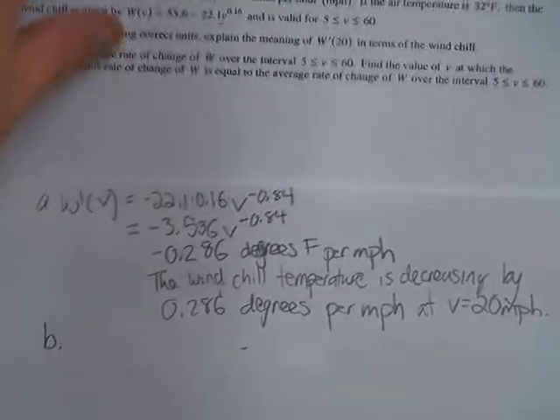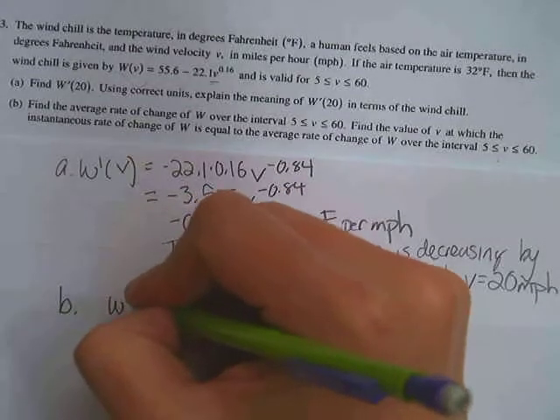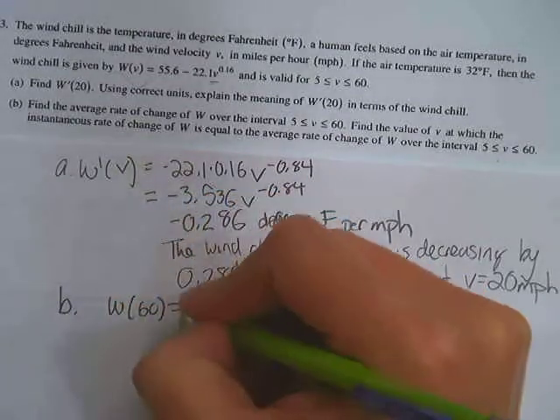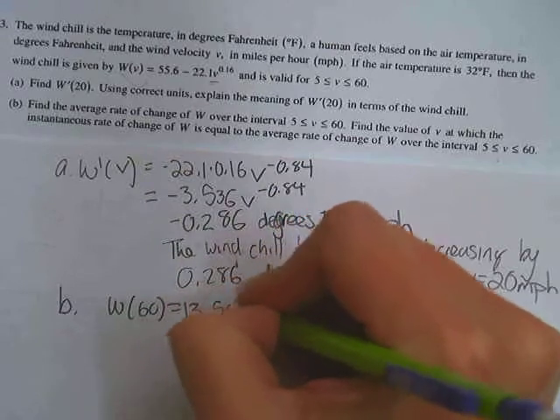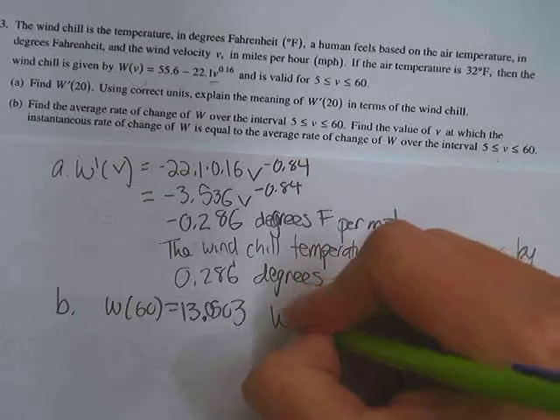B is going to require a little bit more calculator magic. It says, find the average rate of change of W over the interval 5 to 60. So the first thing we need to do is plug in 5 and 60 into the W of v equation. W of 60, I got 13.0503.